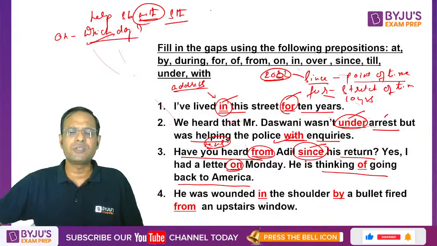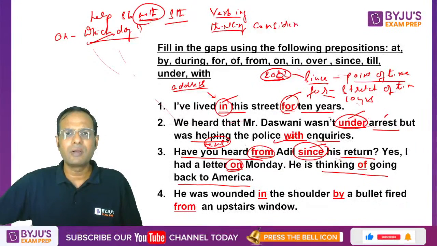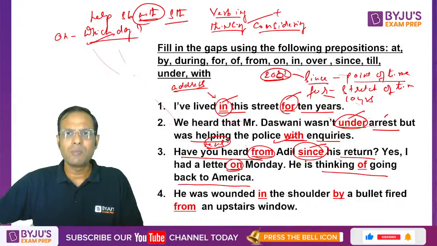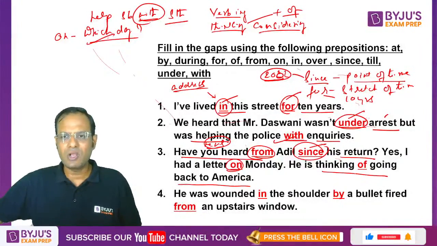Over here, always remember, whenever you have a verb in the ing form, thinking, means you are considering to do something. So thinking plus of is the right combination. So he is thinking of going back to America.